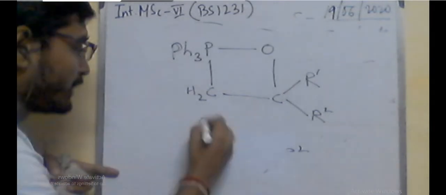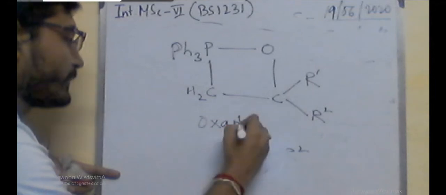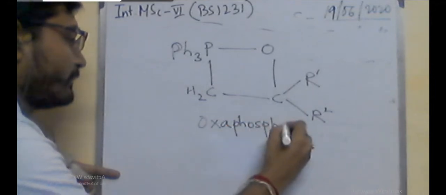Now it is a 4-membered ring, and the name of this ring is oxaphosphetane. It is a highly strained ring.